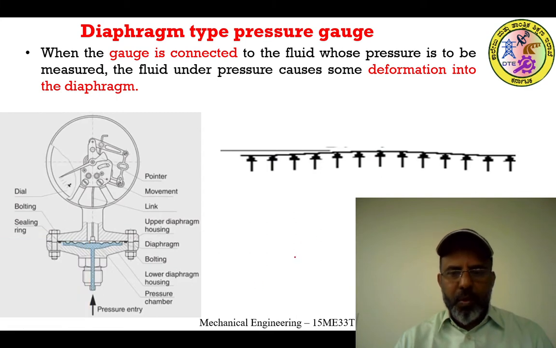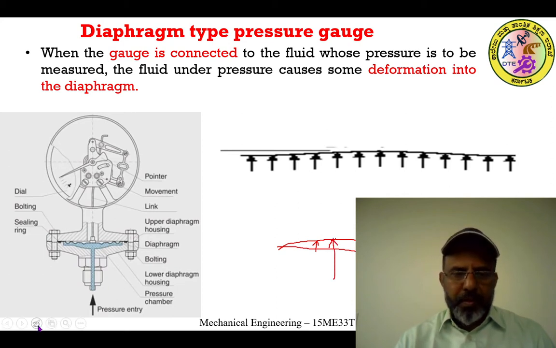The diaphragm, which is horizontal in the initial condition, gets deformed in this direction because of the pressure. So the pressure will act in this direction, and the diaphragm will get deformed into this shape.